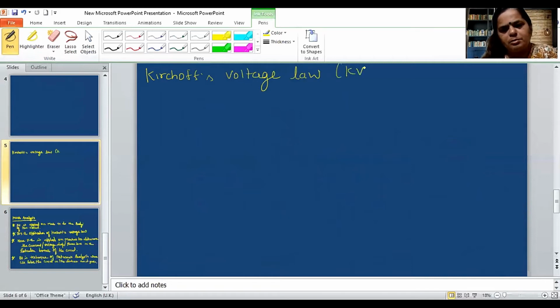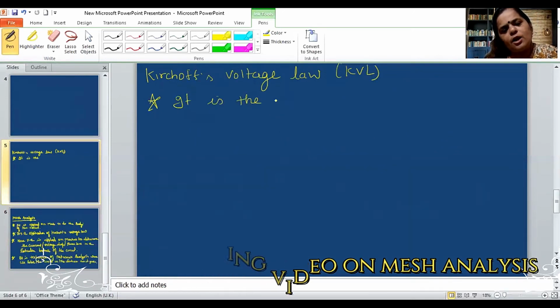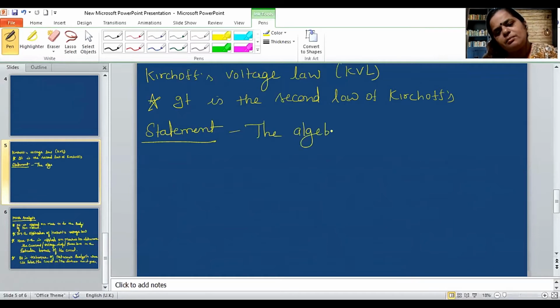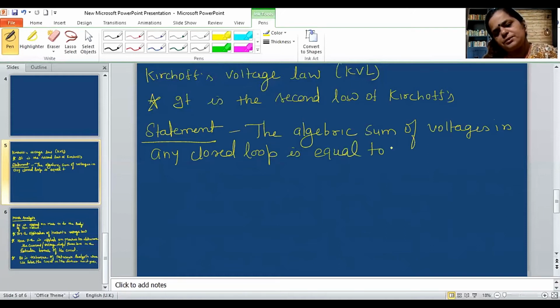That is KVL. The first thing is, it is the second law of Kirchhoff's, and the statement of Kirchhoff's law is the algebraic sum of voltages in any closed loop is equal to 0.